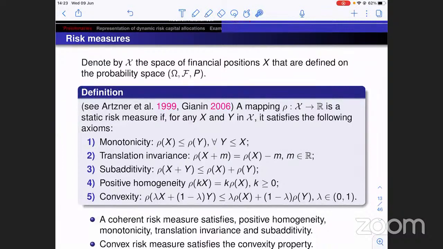Now I come to the risk measures. We are going to consider X, the space of financial positions that are defined in a probability space. Normally we can consider p from 1 to infinity, and then consider L^p with this argument of our measure space.